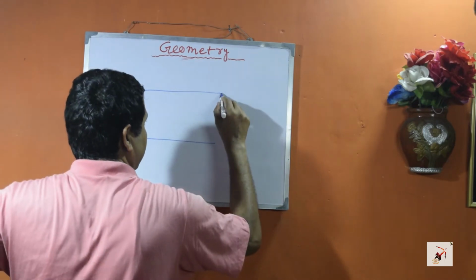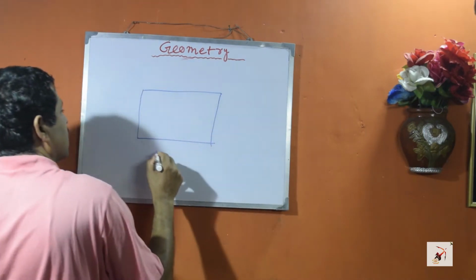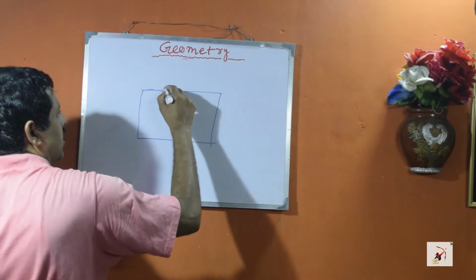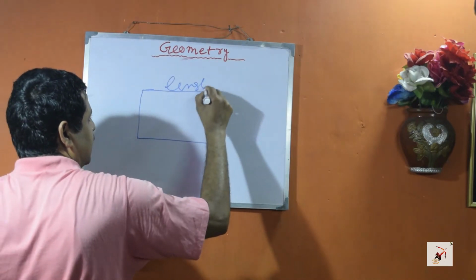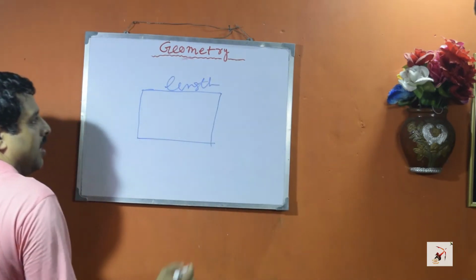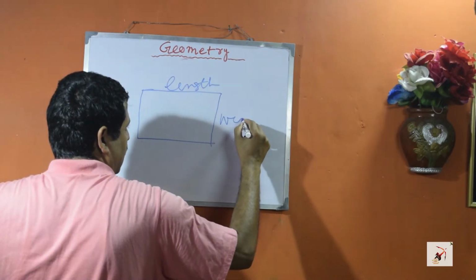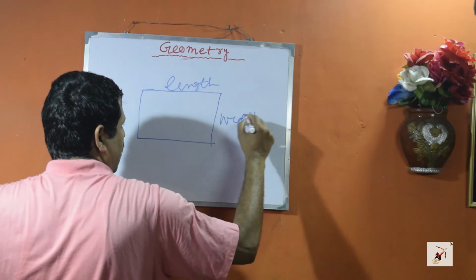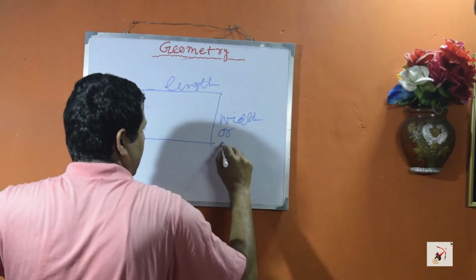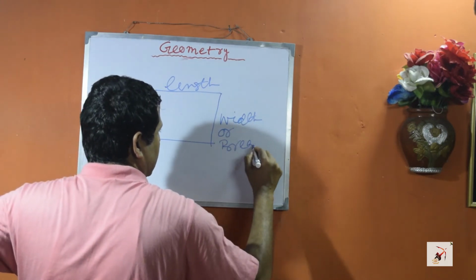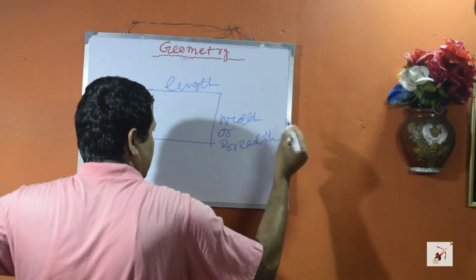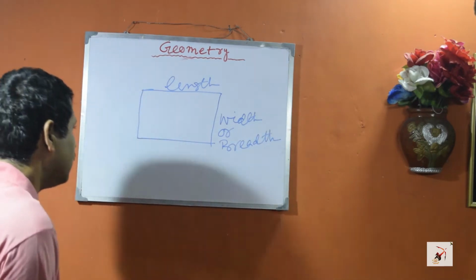For a rectangle, we know the longer side is known as the length, and the shorter side is known as the width or breadth.